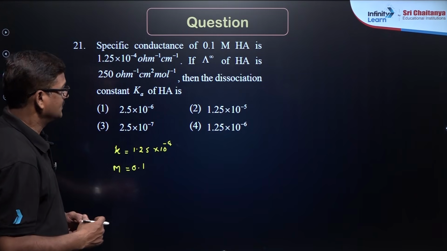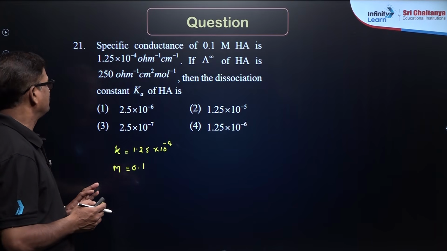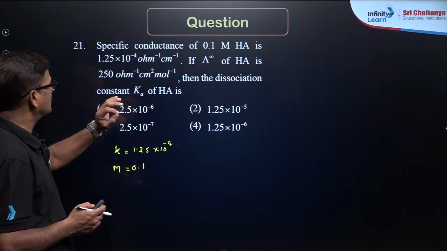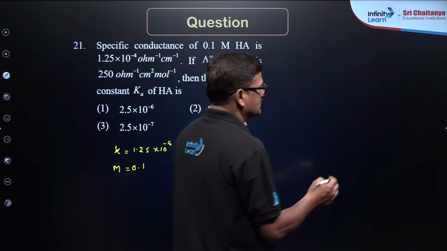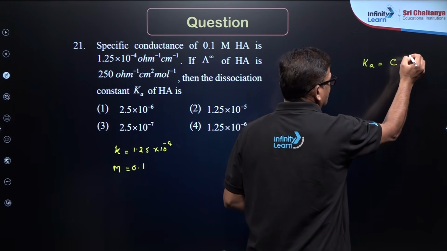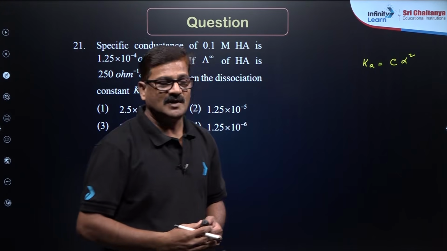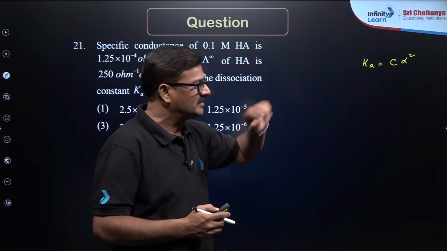HA is a weak acid. The limiting molar conductance is given as 250 ohms, then find the dissociation constant. How do you calculate the dissociation constant? You can say dissociation constant is going to be C alpha square. If you have this alpha value, and C is the molarity, you can do it.